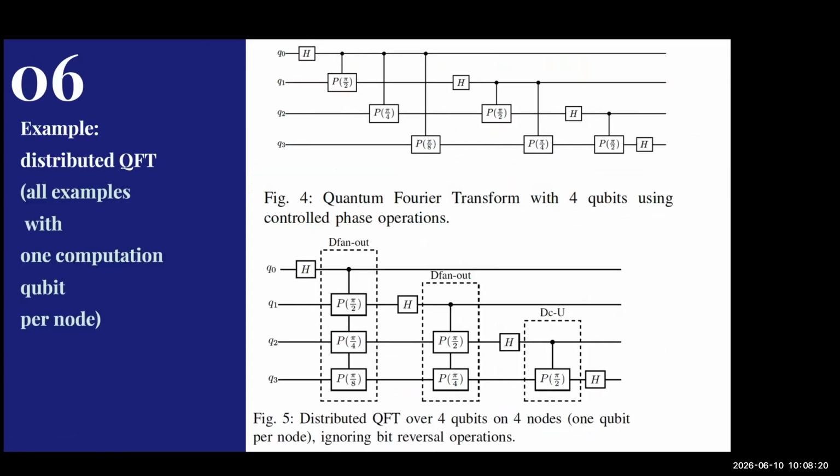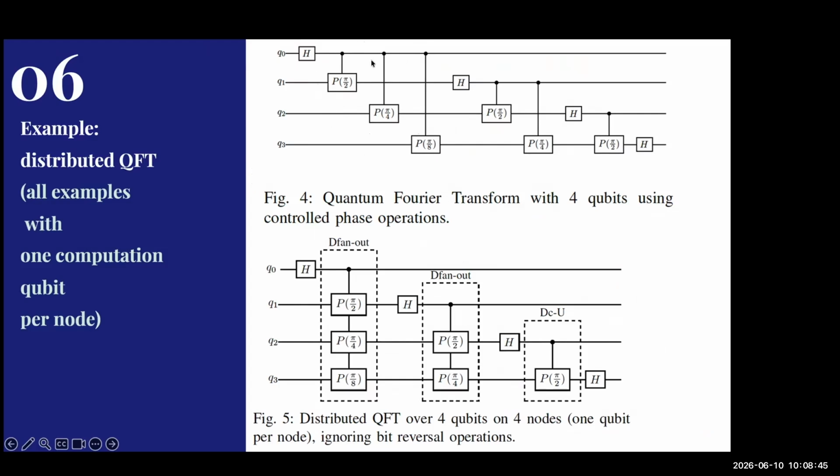Okay, so we see it in distributed quantum Fourier transform operations. With a bit of rewriting, you can write a quantum Fourier transform, just excluding the swap operations at the end. Suppose you just do a quantum Fourier transform using these gate operations, and you can see quite the pattern here.